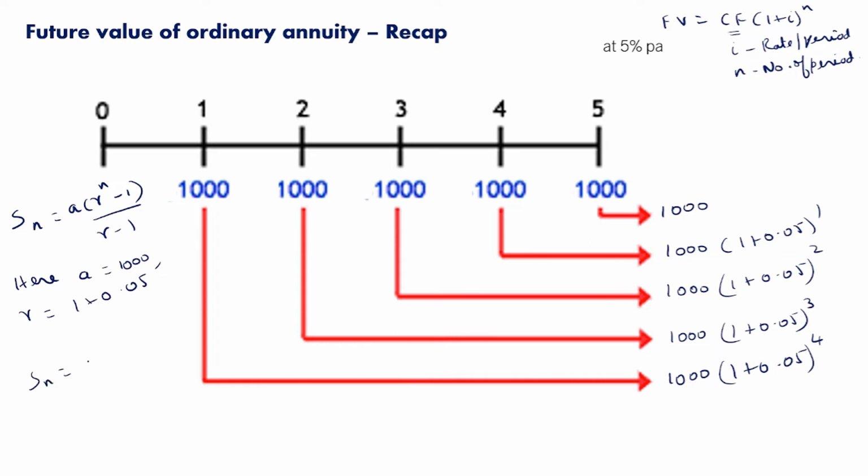So the sum is given by 1000 into ((1 plus 0.05) the whole raised to 5 minus 1) upon (1 plus 0.05 minus 1). So this plus 1 and this minus 1 will cancel. If we are able to find the answer for this value, then we will know the amount accumulated at the end of the fifth year.